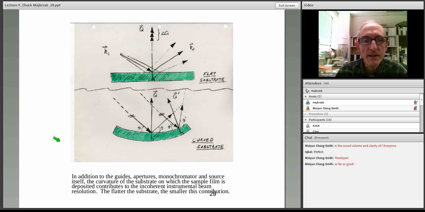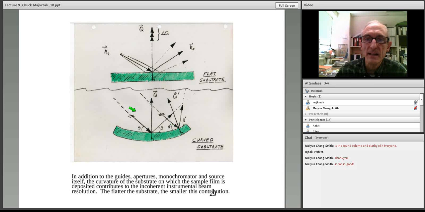And of course, the sample itself is effectively part of the instrumental beam resolution component, because if it's curved, obviously a neutron incident at this location is at a different angle than a neutron incident, even though it's parallel, at a location further down the substrate where the angle is different.